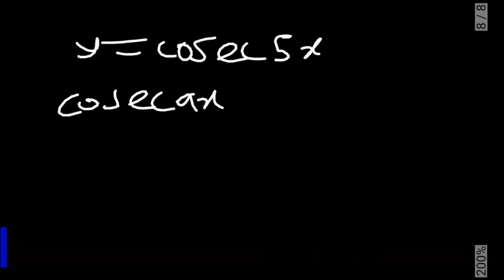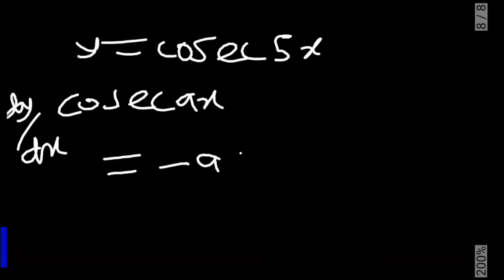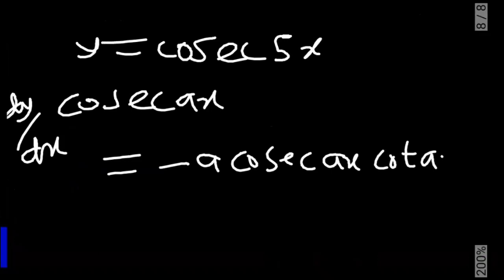So let's try out another trigonometric function. y is equal to cosec 5x. The derivative of cosec ax is equal to minus a cosec ax cot ax.